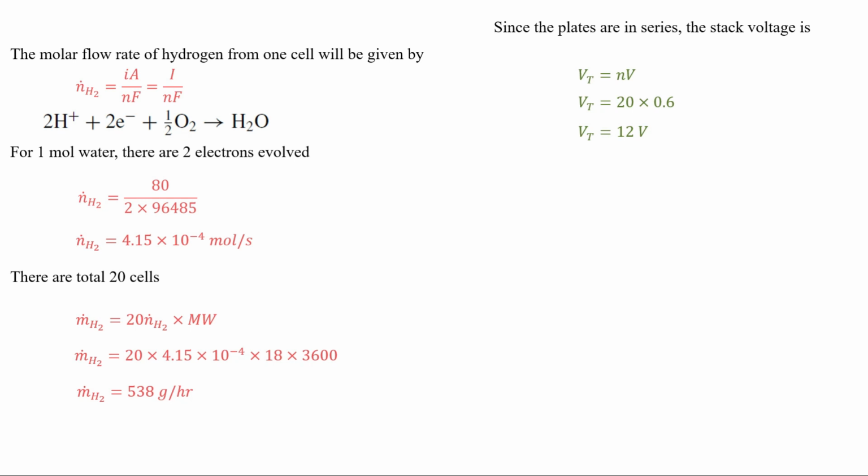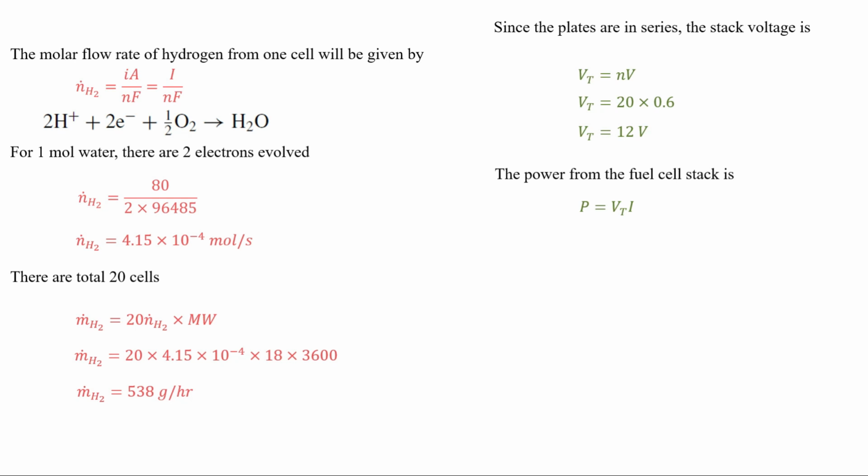Now we have voltage from a fuel cell stack, and we have current from the fuel cell stack. So we can determine the power generated from a fuel cell by simply using the formula P equals VI. Here V is the fuel cell voltage and I is the current generated from a fuel cell. Voltage is 12 volt, and the current is 80 ampere.